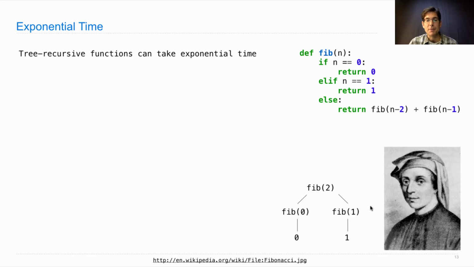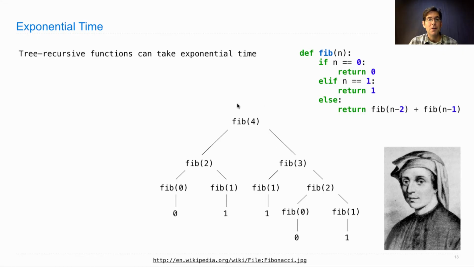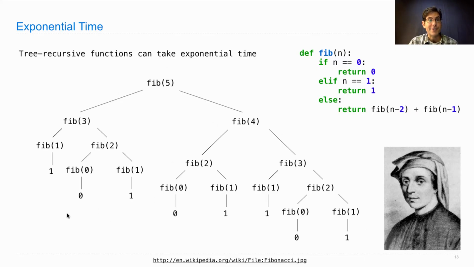So computing fib 2 just requires this much work, fib 3 requires all this additional work, fib 4 requires all this additional work on top of fib 3, and fib 5 has to compute not only fib 4, but all of this additional work as well, assuming we don't memoize. So a tree recursive function like this, without memoization, will take what's called exponential time.